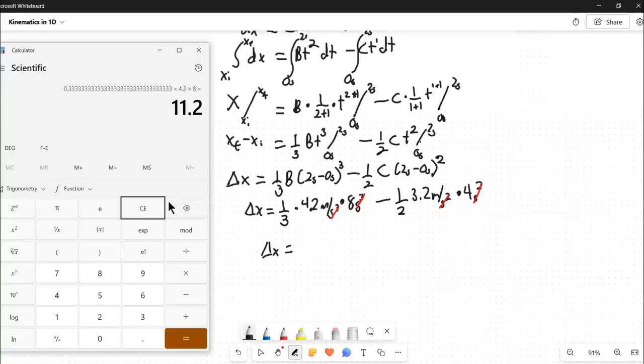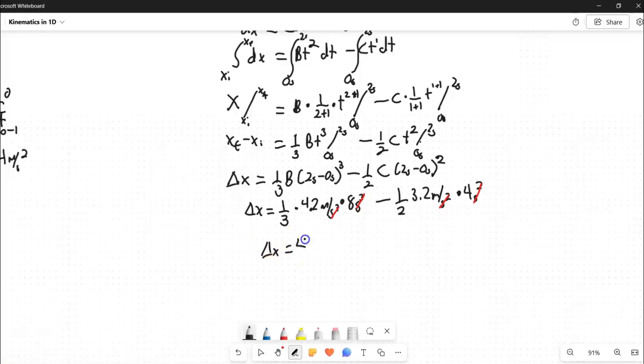Okay, 11.2, that makes more sense. Minus 0.5 times 3.2 times 4 equals 4.8. Whatever this object is, it's going to be displaced a total of 4.8 meters.